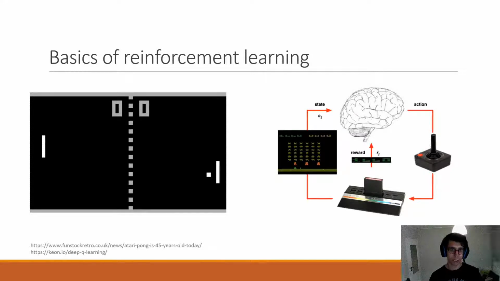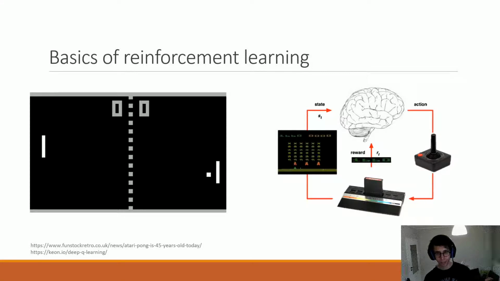Let's imagine that you are playing a game of Pong, in which there are two paddles. Each one is controlled by one of the players, and the goal of each player is to bounce the ball in a way that scores you a goal, that moves it behind the line of your opponent's paddle.